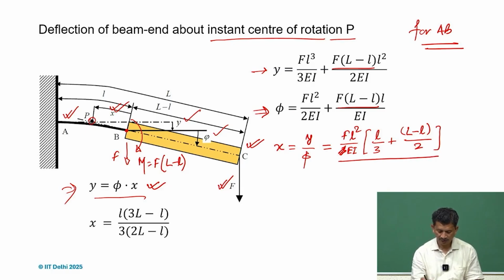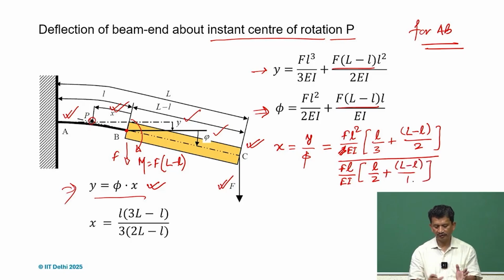Here we can take F l and EI, so F small l over EI, and again if you take the common part, we are left with l by 2 plus F l is again out, so we will be left with capital L minus l.